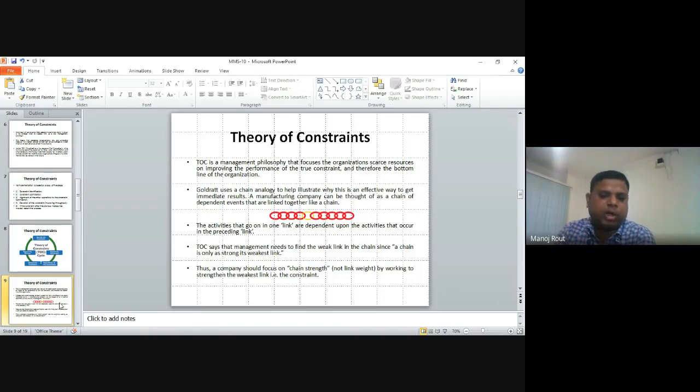As you see in the figure, different machines and workstations are sequentially joined together like links in a chain, and the activity in one link is dependent upon activities that occur in the preceding link. So every workstation depends upon its preceding link.